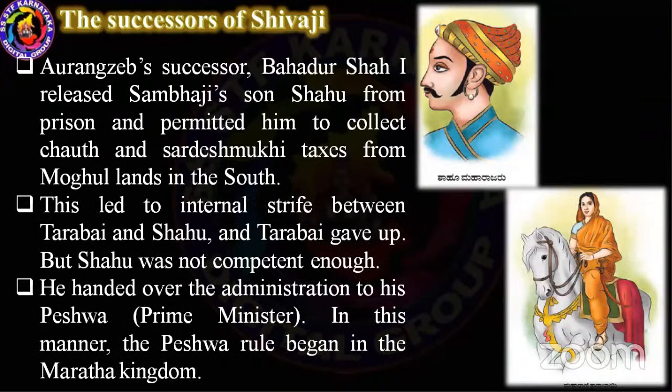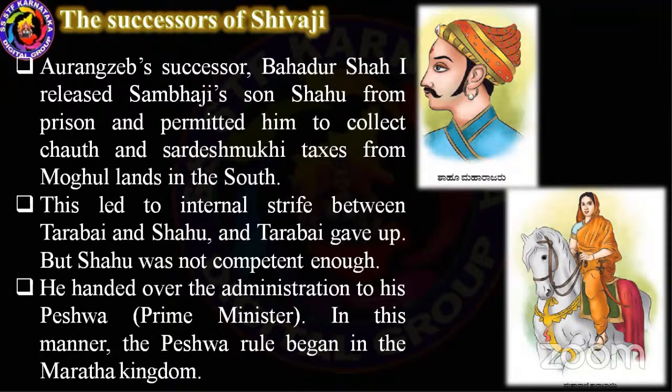This incident started the conflict between Queen Tarabai and Shahu Maharaj. This led to internal strife between Tarabai and Shahu. Tarabai gave up, but Shahu was not competent enough.